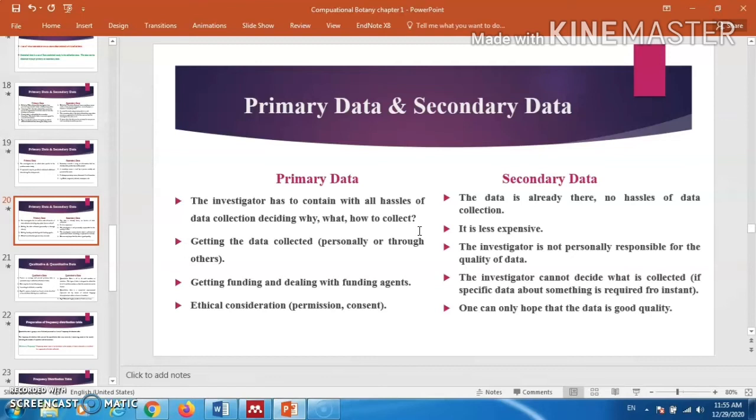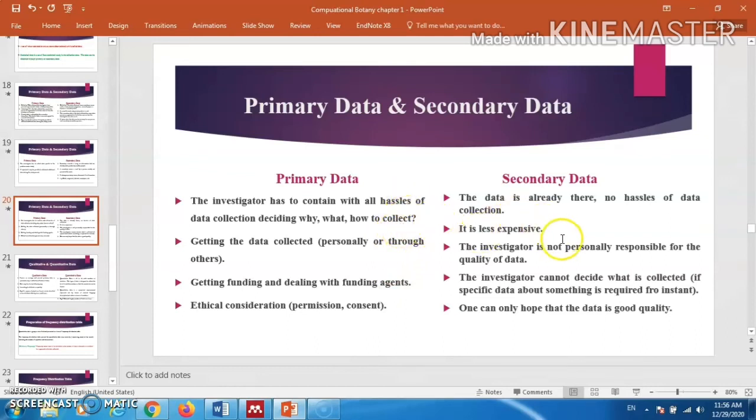After that, you have to decide what things should be with you: your friends, your brother or sister, a notebook, camera stand, pen, pencil, any other things. You have to first decide, you have to first think, and many hazardous things are included in case of primary data.